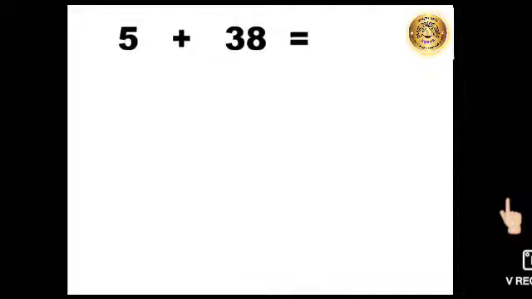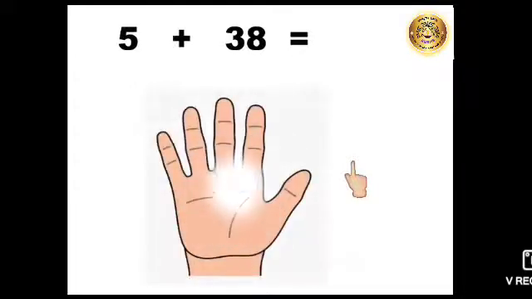We will take one more example here: 5 plus 38. So what is the smaller number here, children? Here 5 is the smaller number and 38 is the greater number. So we have to take out 5 fingers because 5 is the smaller number. Then we have to count forward from the greater number, that is 38.